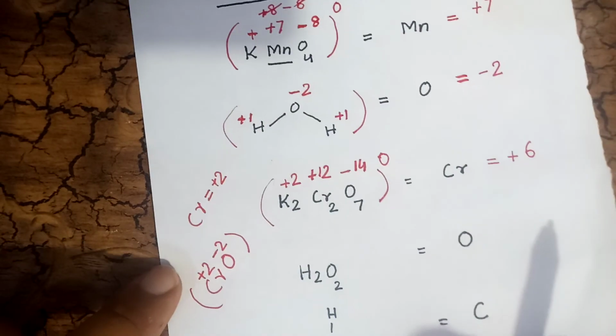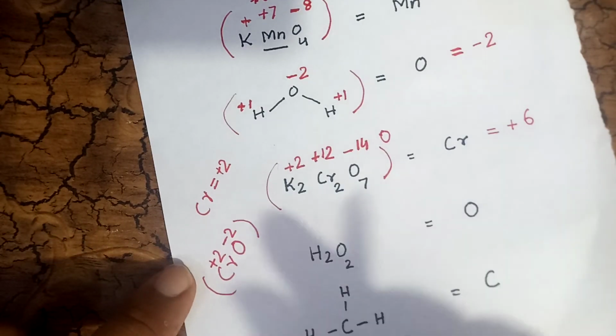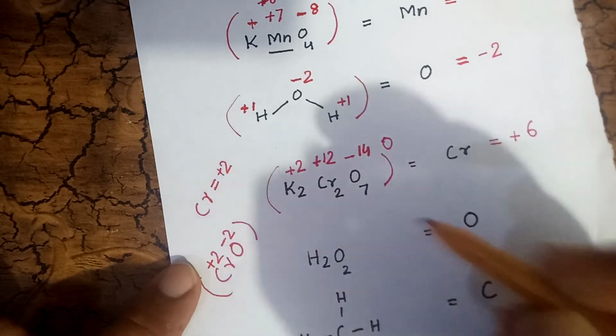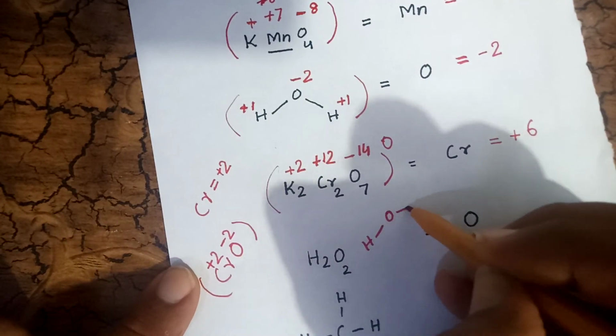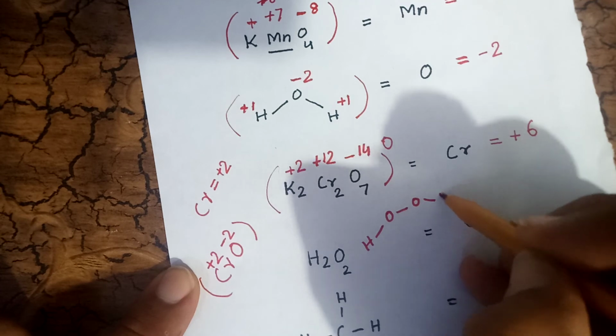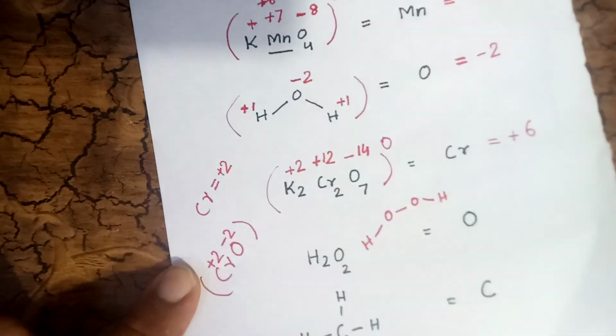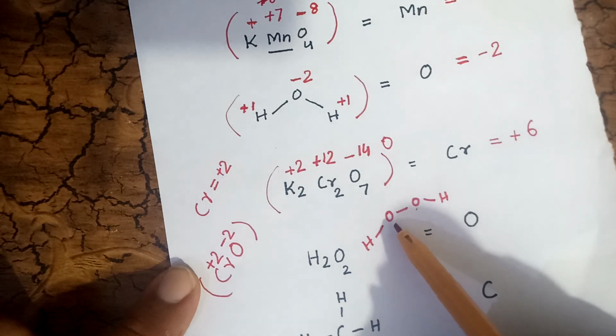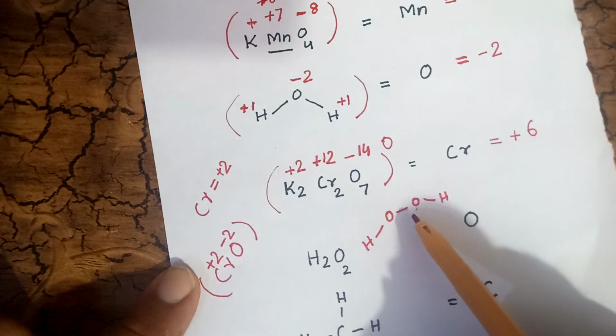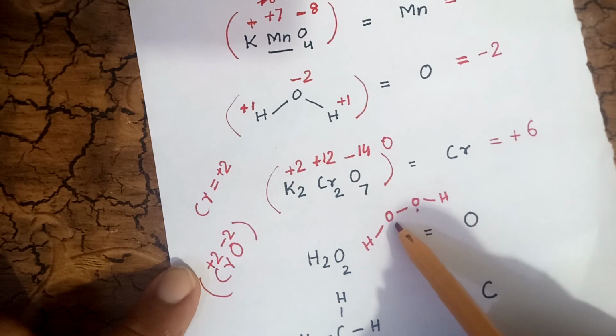Okay, now look at hydrogen peroxide. The structure of hydrogen peroxide is like this. Here is the peroxide linkage. When oxygen is linked with another oxygen atom, it does not affect the oxidation state of this oxygen, neither this oxygen.